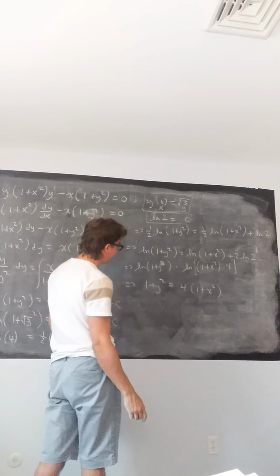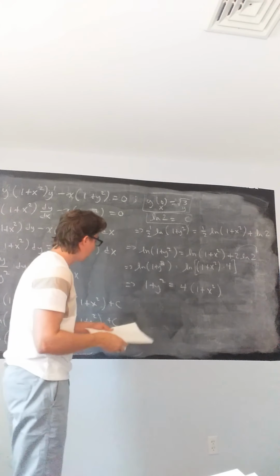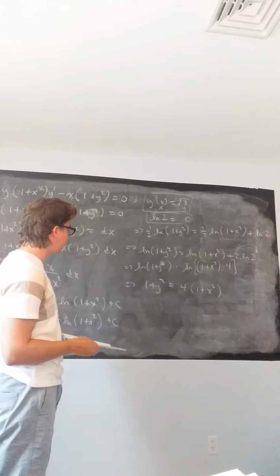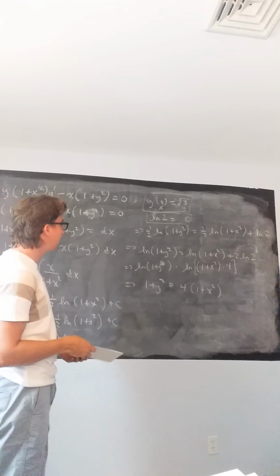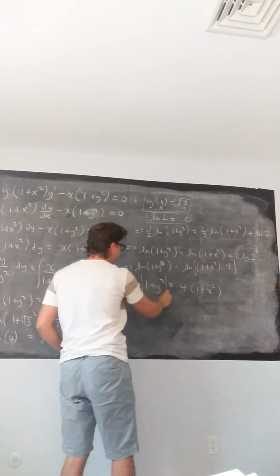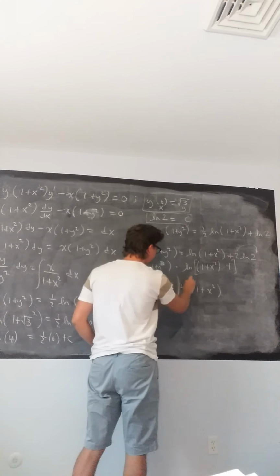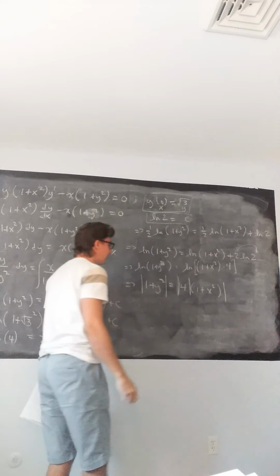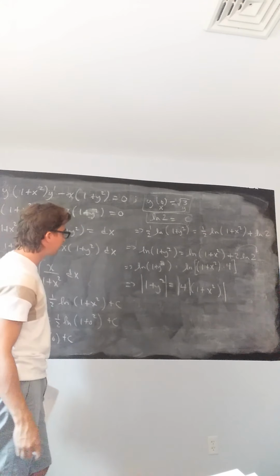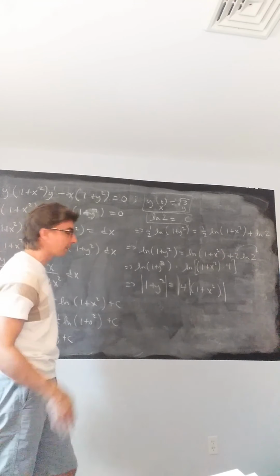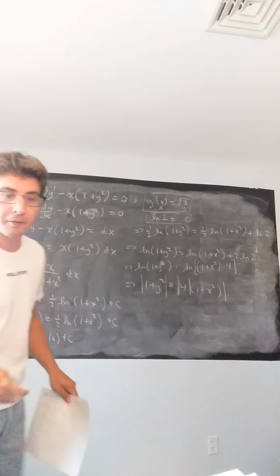So we have that, and at this point, there's really not much more we could do. Now, some people may write this with the absolute values of these things, and that's fine. Otherwise, you could just leave it without the bars because they're going to remain positive. So it's your call on how you want to handle that.